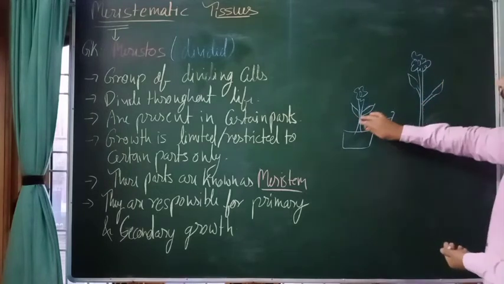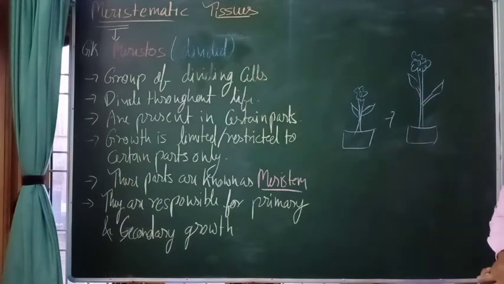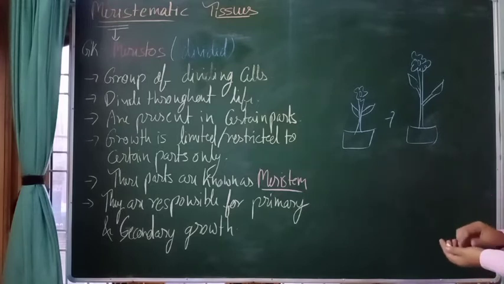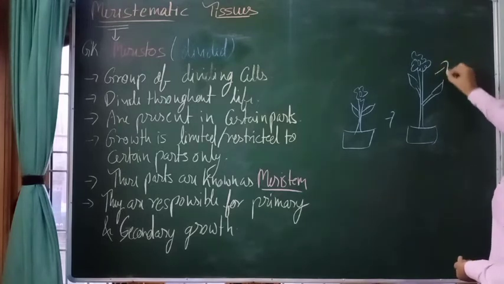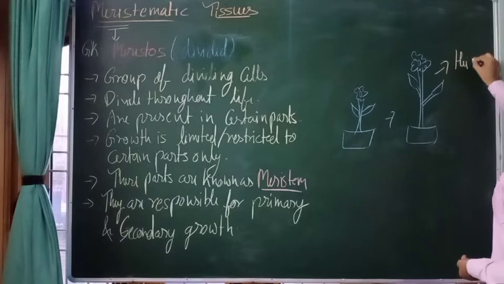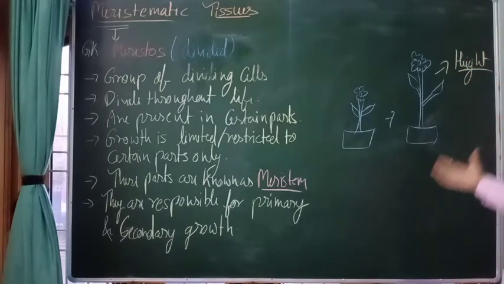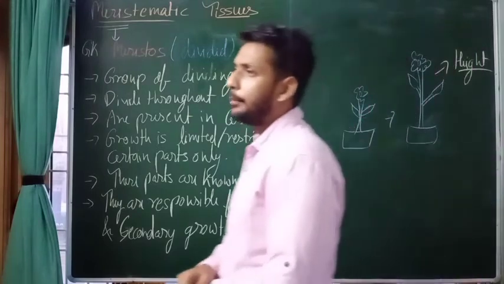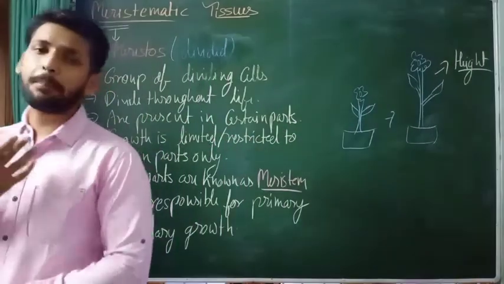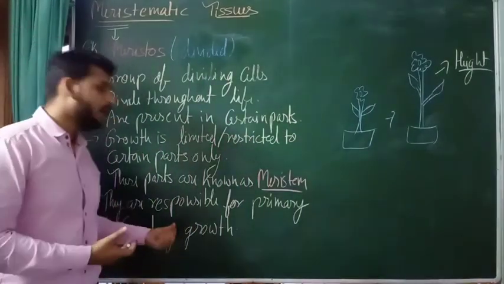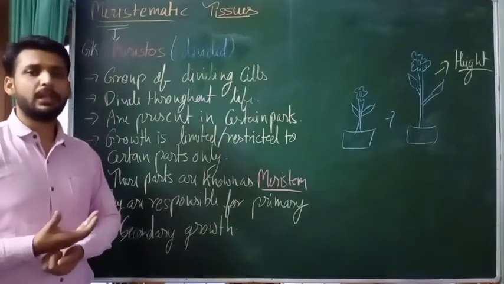So this is the primary growth. Primary growth is an increase in height and size of the plant.